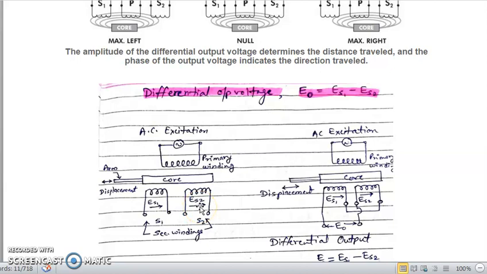Okay. Now what a series opposition connection is can be seen in this diagram. Here we can see what a series connection is. If this is terminal number 1 and this is terminal number 2 of secondary 1, and this is terminal number 1 and this is terminal number 2 of secondary 2, what is a series connection?